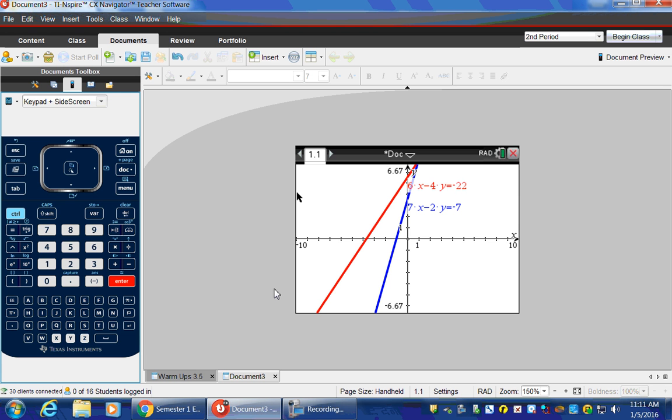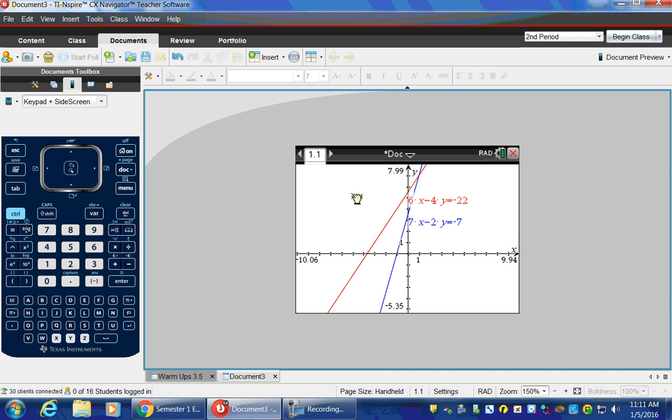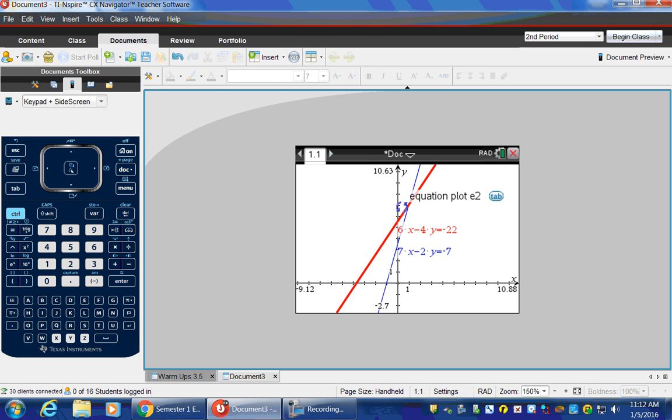Enter. Now, if we're looking for the solution to this system, I want to see where these two lines cross. Where do they intersect? Well, here I can see they intersect above. So I'm going to click and hold my page until I have the little hand that's holding the page and drag down until I can see the intersection.